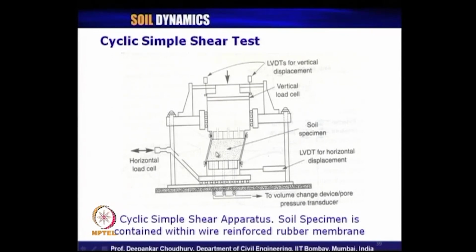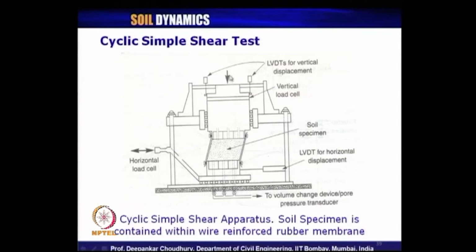In this case, the same direct shear test as in the static case, the same concept and same apparatus is used. The major difference is this one. When we apply the shearing load in the static case for a constant value of normal load, we apply it in one direction only, so that the soil sample gets sheared under a constant normal load.